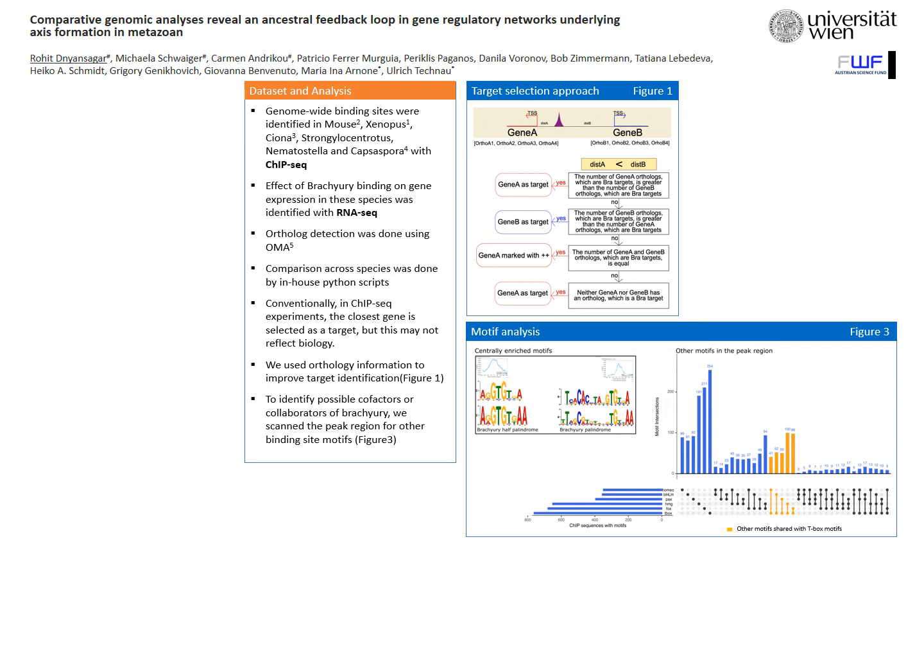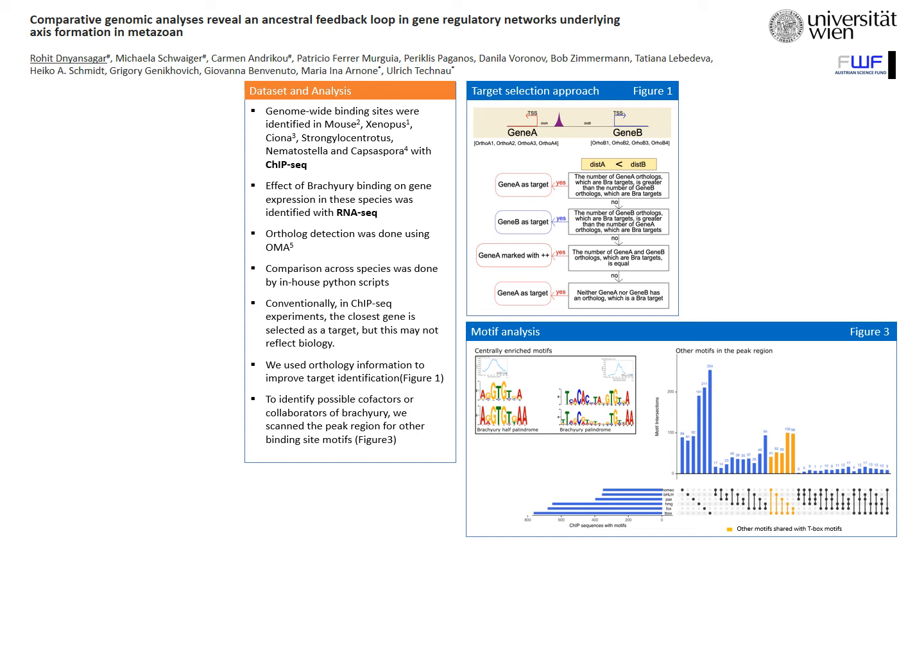However, that may not reflect true biology. So, to improve the target identification, we made use of ortholog information. For this, we needed a reliable set of orthologs, for which we used the OMA algorithm. With this usage of ortholog information, there was an improvement in target identification.